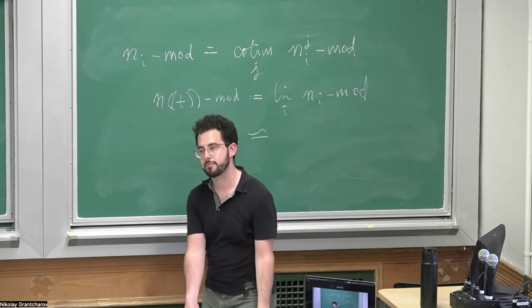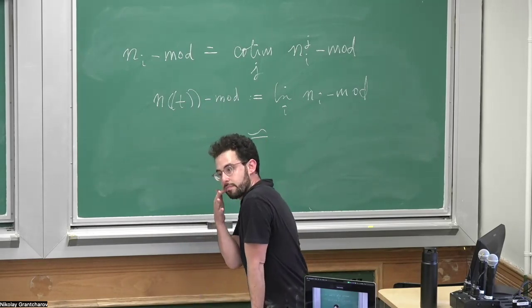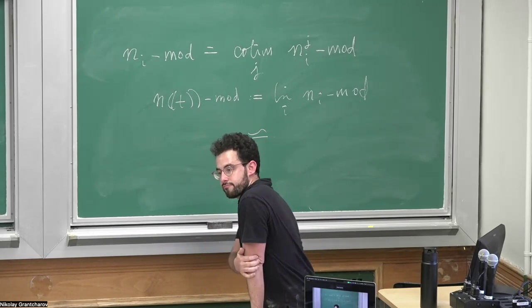Sorry, this limit formula: how do we make sense of it? What are the transition functors if these are not contained in one another?